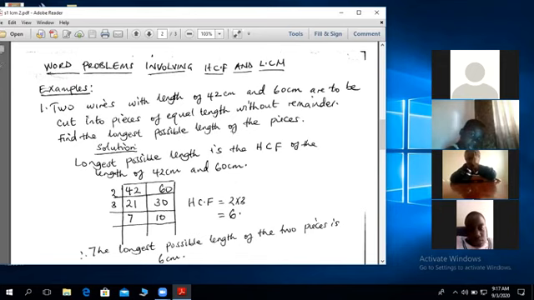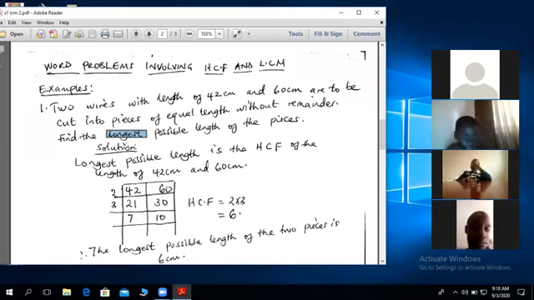length of the pieces. Now, when you look at the word longest, and you look at highest common factor and LCM, which of these two do you think is going to fit in? Me, I think highest goes with longest.